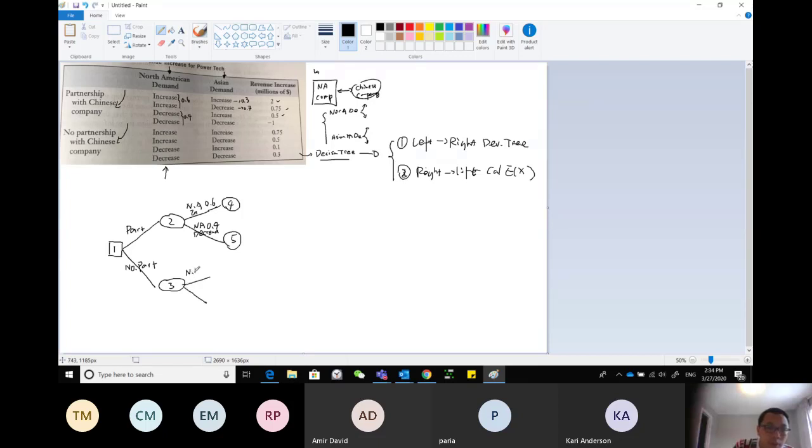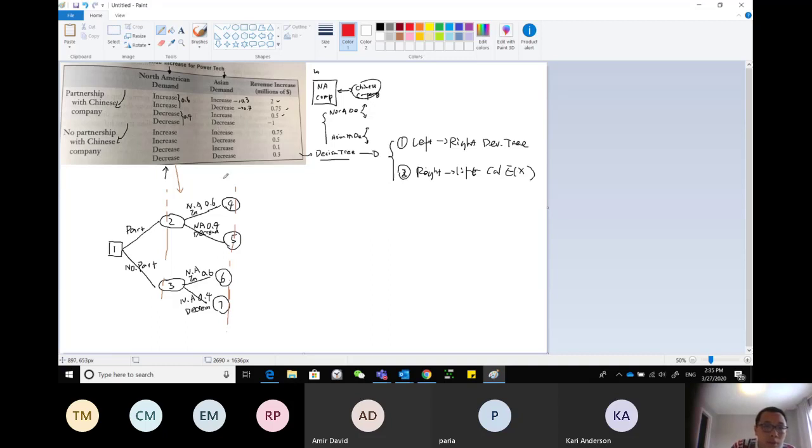So North America increase 0.6. So that's our node 6 and node 7. And the North America decrease, okay, so that's 0.4. So 40% of the chance. So from here to here.